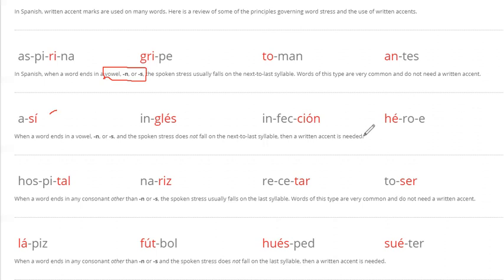Okay, now, while I'm here on this one, I'm going to try to show you another word. So let's say we have infecciones. Now, in this word, we still have our normal syllables like we have in the other one, right?